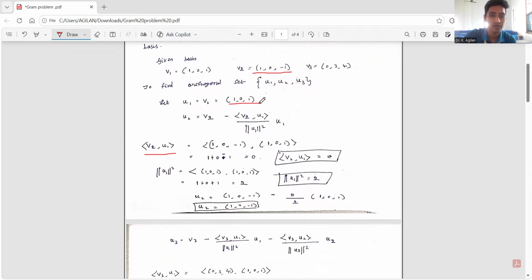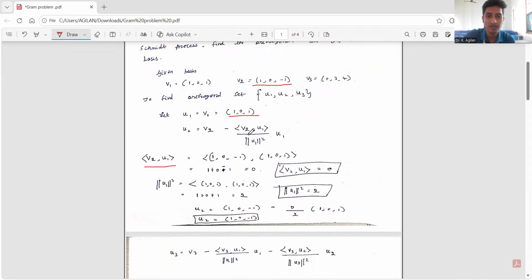So next, substitute the inner product of V2 comma U1 value. We already found this is nothing but 0, and U1 is nothing but V1, (1, 0, 1). And also we need to find the norm of U1 square. So the norm of U1 square, again we have a formula, is the inner product of U1 comma U1, right?